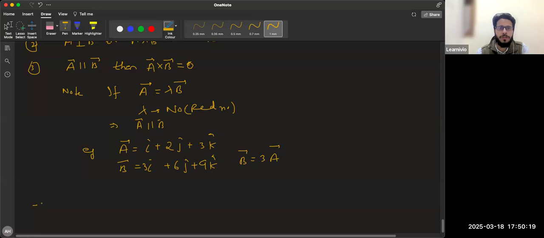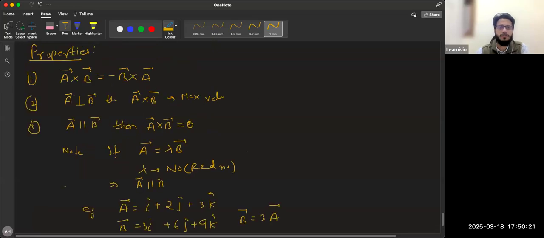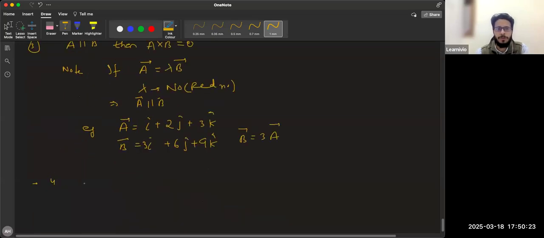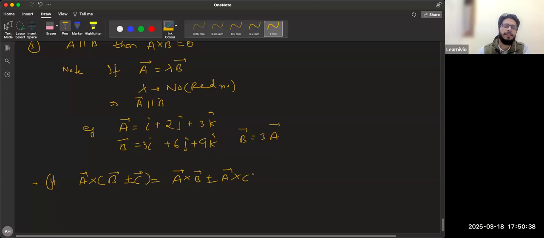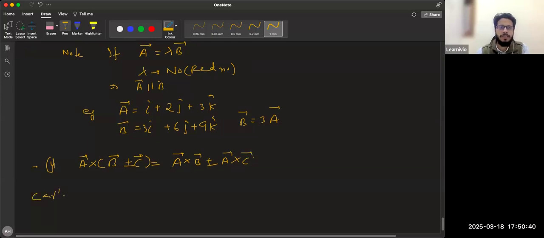Now there's another property, the fourth one, the distributive property. If you write A cross (B plus or minus C), then you can write this as A cross B plus or minus A cross C. The next is cross product in Cartesian form.